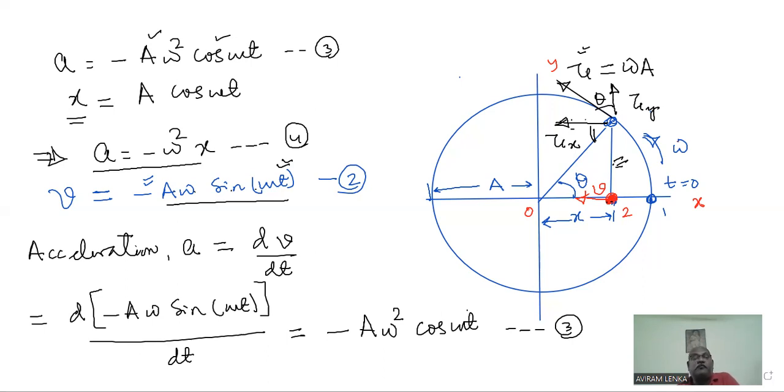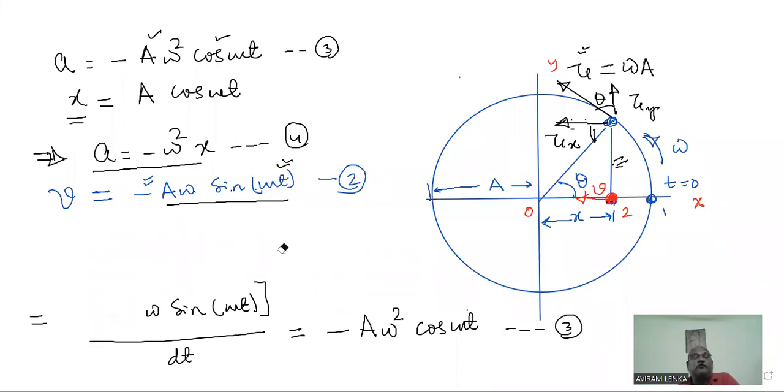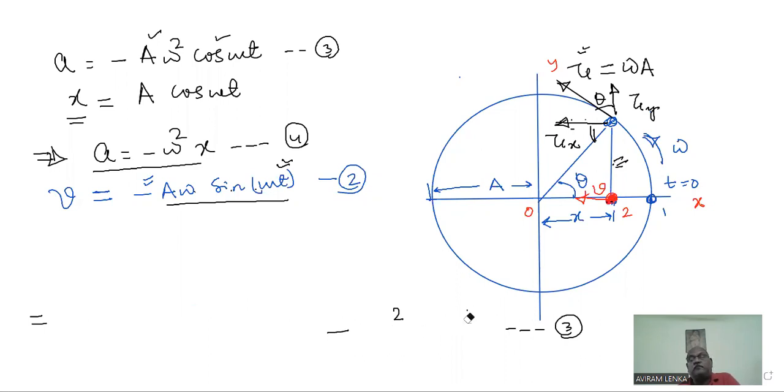We do know that velocity equals minus a omega into sin omega t. Sin omega t we can write as sin theta.